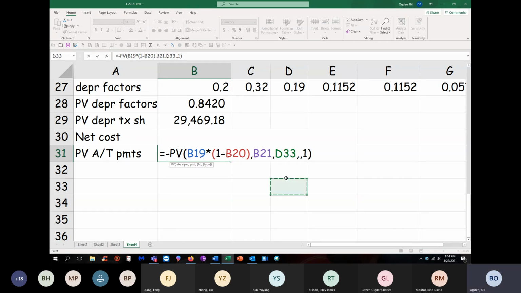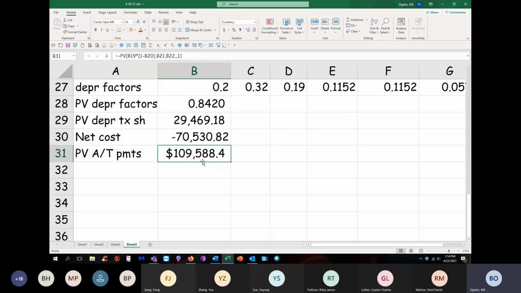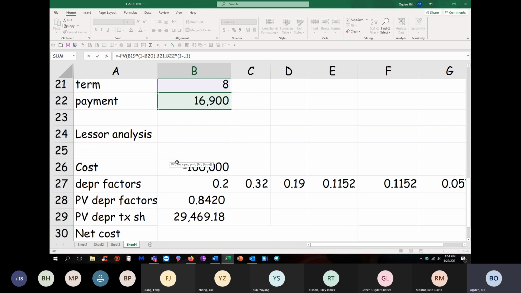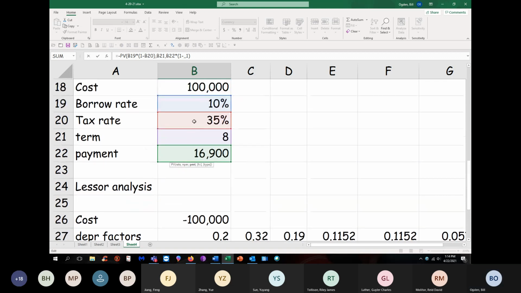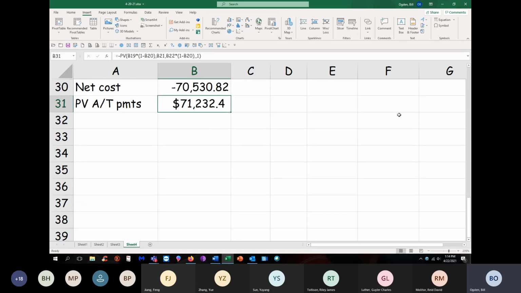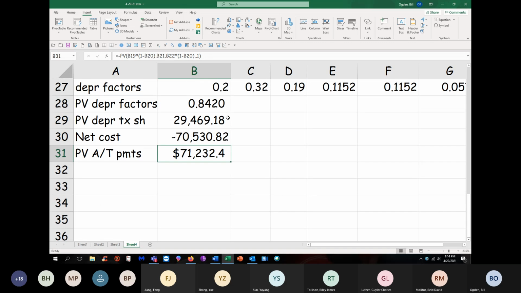Okay, do it again. After tax. So let's multiply this by 1 minus, and let's get our tax rate. All right, now let's look at it. Have I corrected everything? I believe I have. There we go.